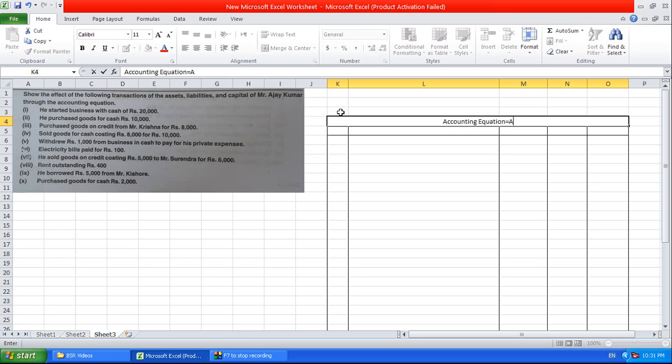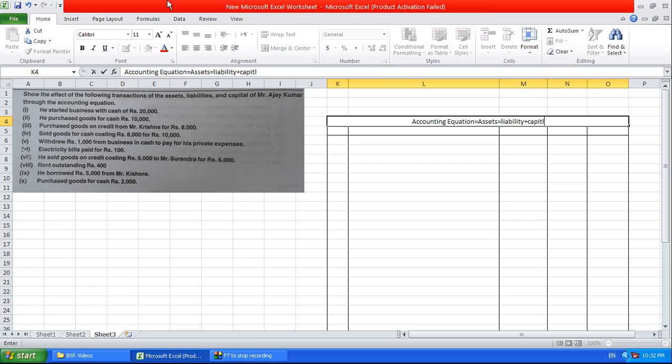Accounting equation: assets is equal to liability plus capital. This is the accounting equation formula.